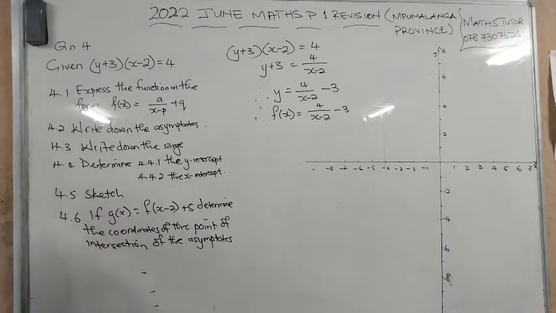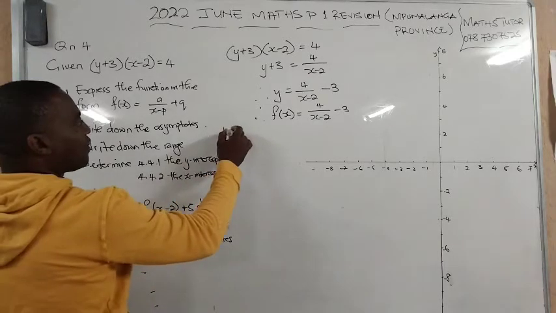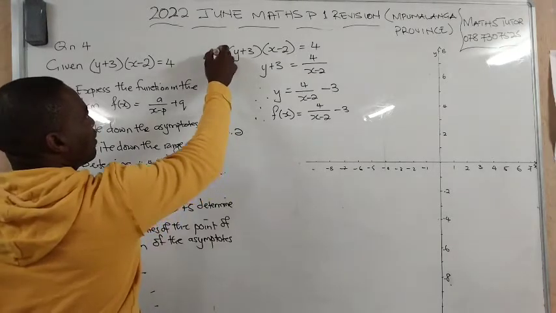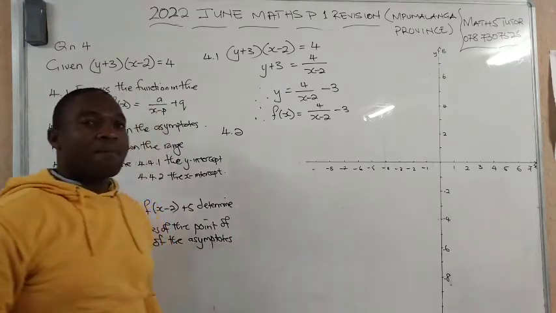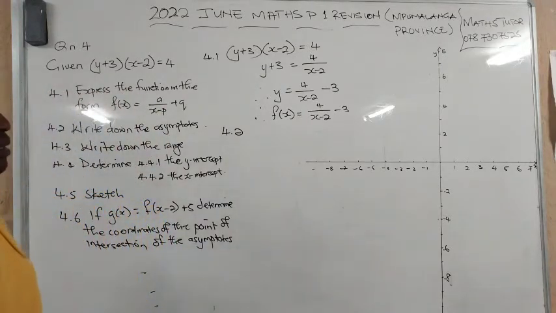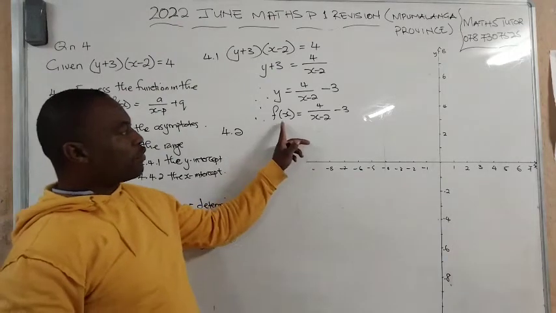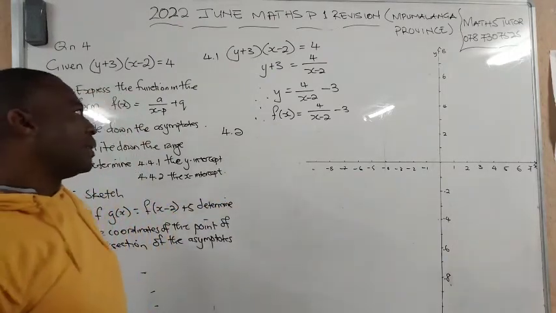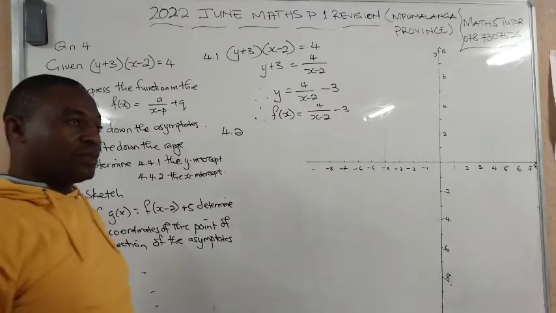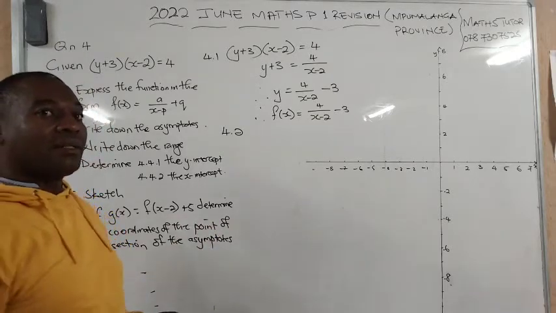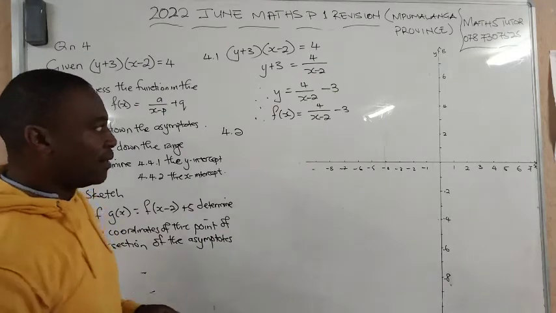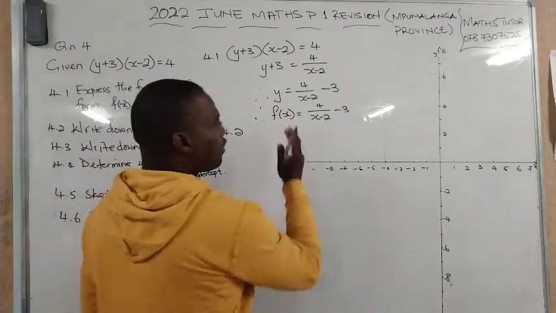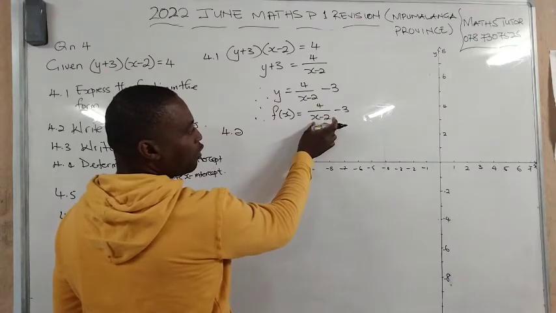4.2, write down the asymptotes. The asymptotes, these are two equations on which f of x is not defined, and we know that equations on the Cartesian plane are defined in terms of x and y. So we have the vertical, which we will take from this.